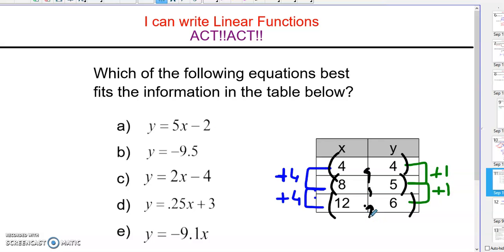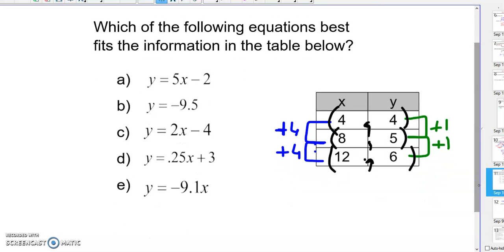We look at the slope between the first 2 points here. The change in y is 1 and the change in x is 4, and the same between the second 2 points. The change in y is 1 and the change in x is 4. So my slope looks like it's constant between all of these points.